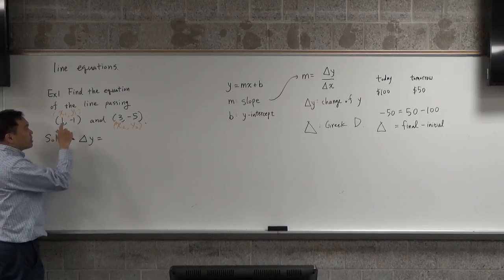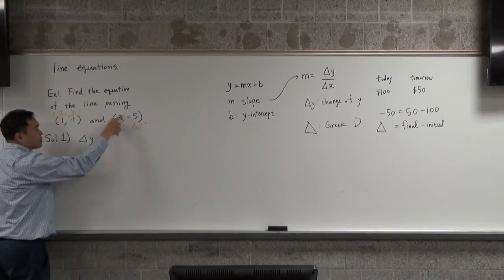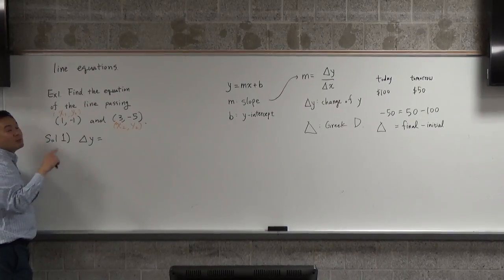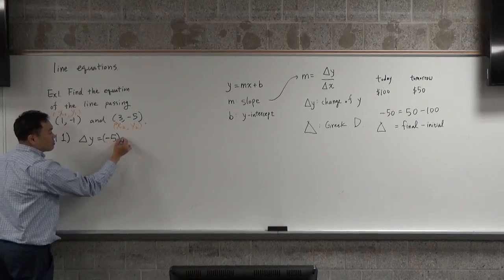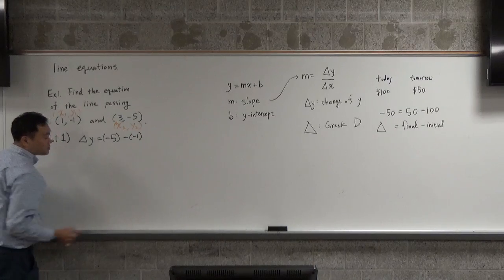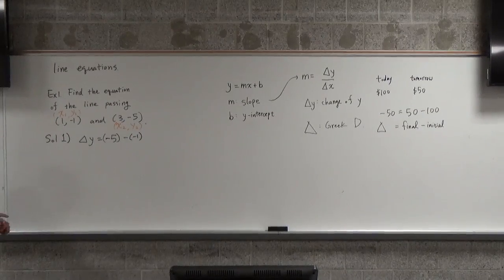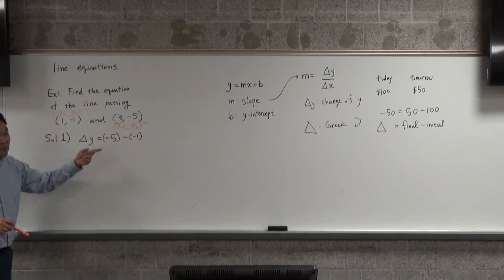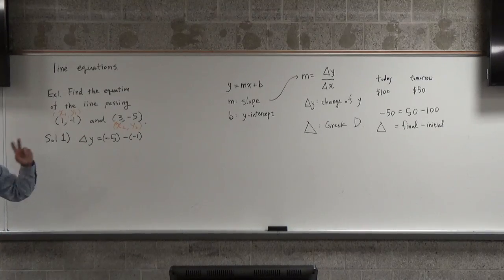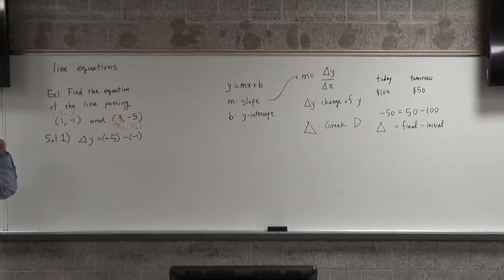Okay, now what is the change in y then? Is it -1 minus -5 or -5 minus -1? -5 minus -1. So you have to do -5 minus -1. Now, actually, for this slope, you could reverse it, and because you're dividing things, at the end of the day, you end up with the same solution.